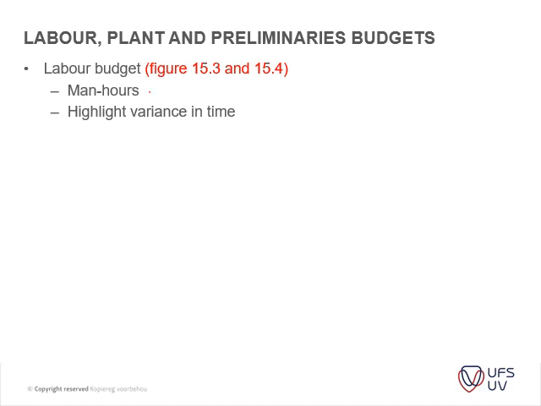So you've got your man hours and your highest cost variance, which is shown here. So looking at your labor budgets, man hours, man weeks, you draw up a histogram that's shown in figure 15.3, and then from that you can draw a forecast of your cumulative man work hours and your variances. So please go through that for me.